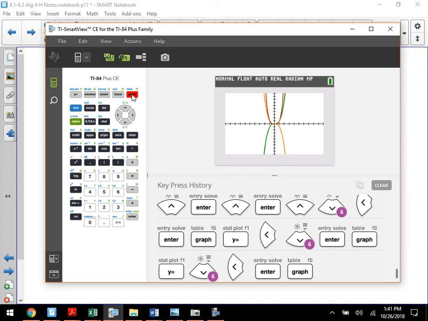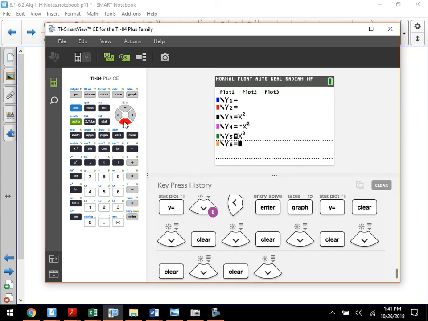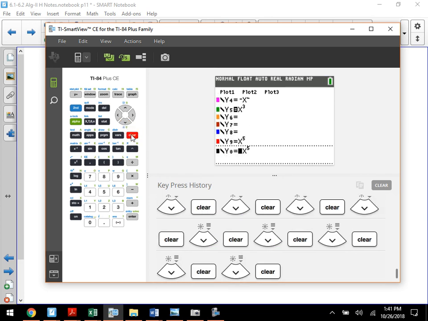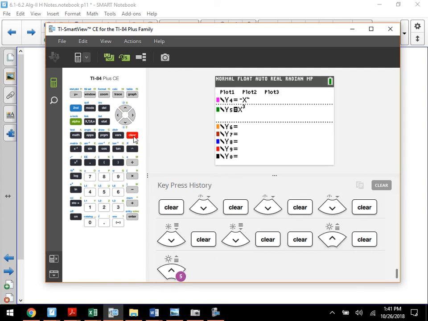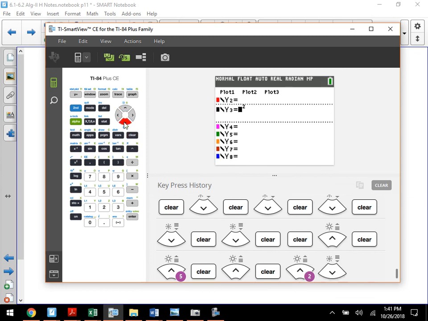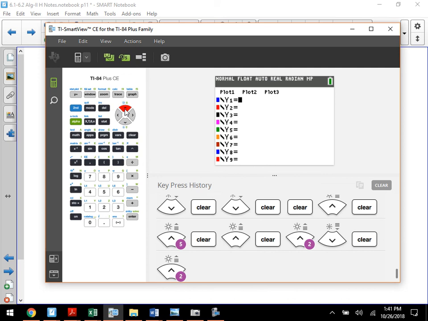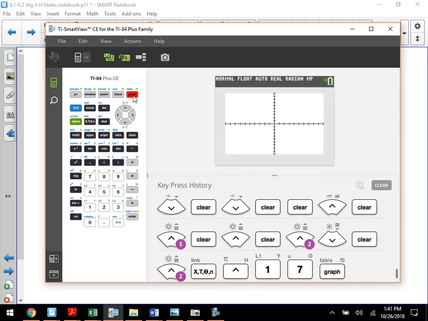So by process of elimination here, what do you think x to the 17th would do? Down, up.